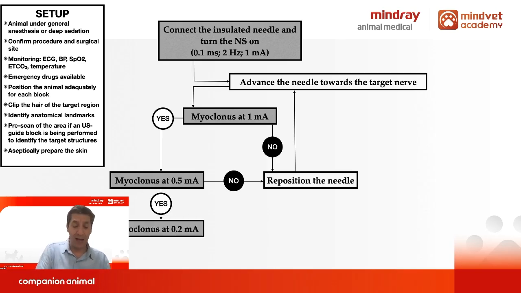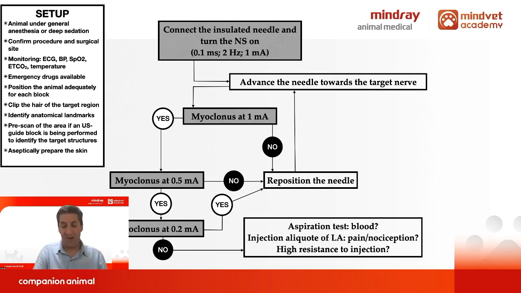If we have a myoclonus response at 0.5, we need to reduce to 0.2, just to be aware if the needle is near the nerve or inside the nerve. If we have myoclonus at 0.2, we need to withdraw the needle. But if we don't have myoclonus, we perform the tests to be sure that we can perform the injection.